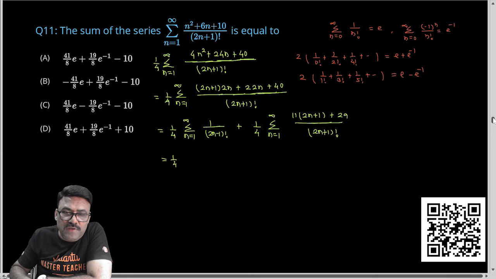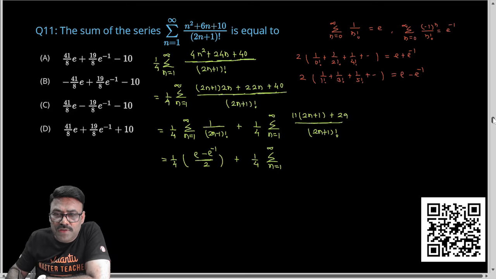Now you can see that if I expand here n varying from 1 to infinity, this will give you 1 by 1 factorial plus 1 by 3 factorial plus, it is odd factorial actually. So this will be e minus e raised to minus 1 by 2, the first one. Now the second one, 1 by 4 n varying from 1 to infinity.